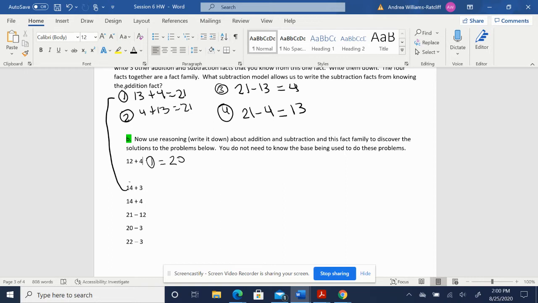Number 1 starts with 13 and adds 4. This example starts with 14 and adds 3. So here we start up 1 from where we began up here, but what we add to it is 1 less than what was added up here. So basically, those should balance out.